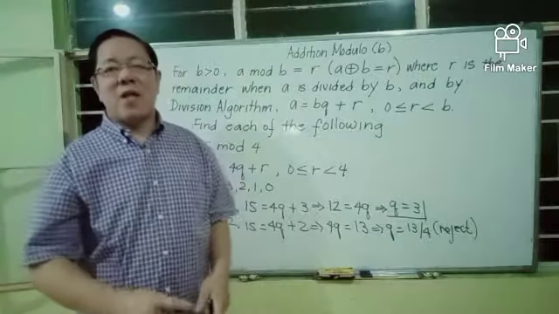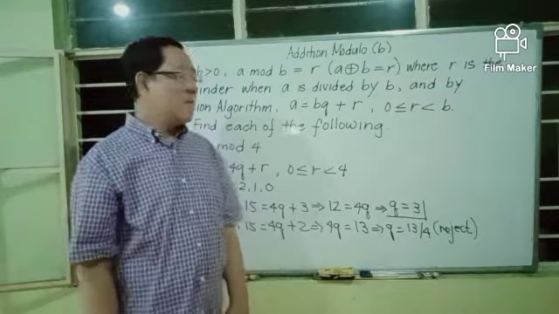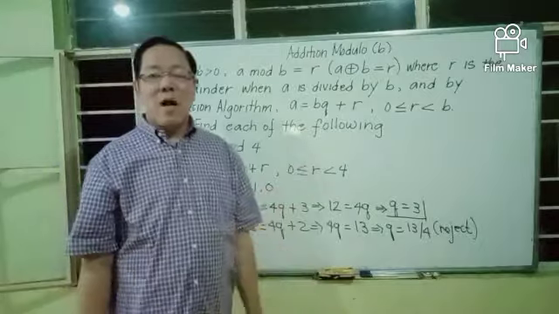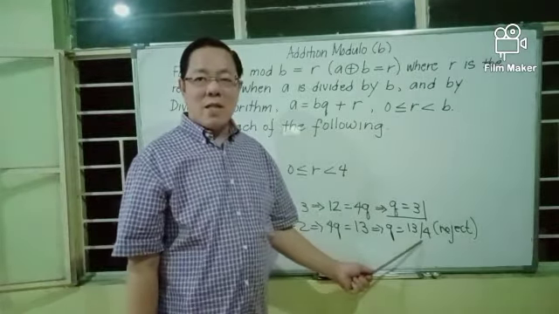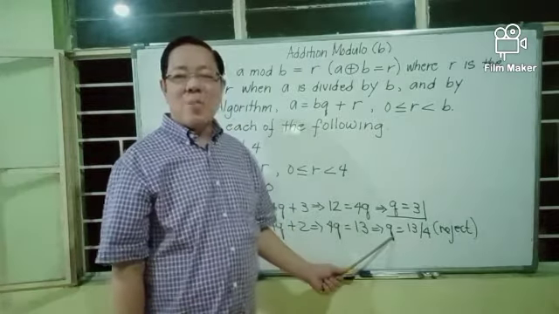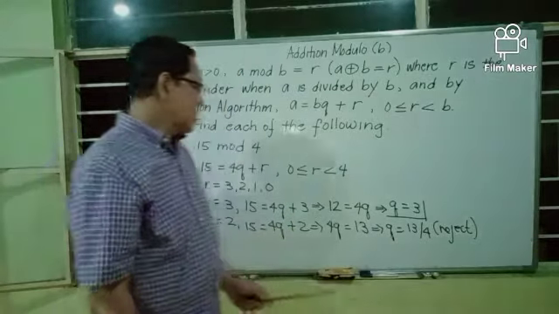But in the definition of the division algorithm, the quotient and the remainder are both integers. But 13 over 4 is not an integer, therefore we reject this value of q.